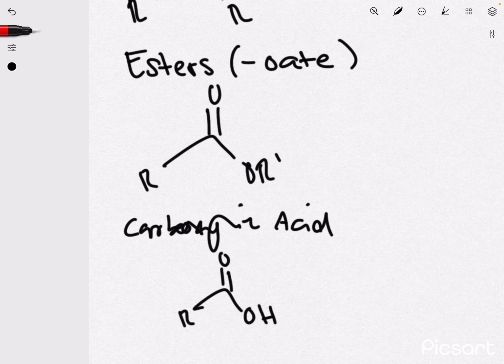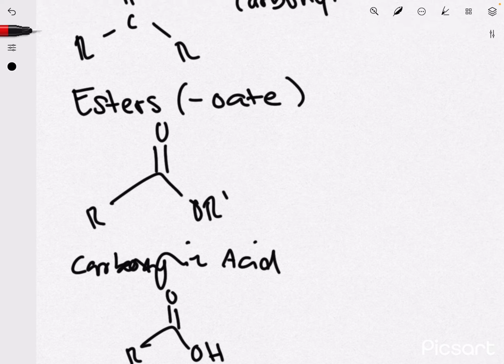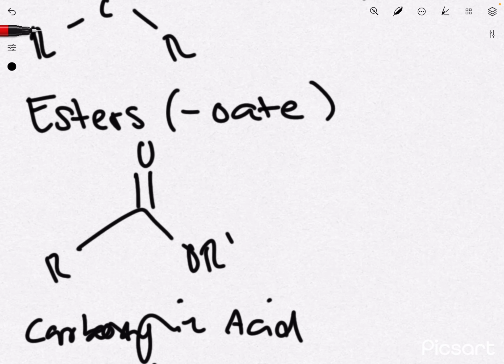When you have a carboxylic acid that reacts with an alcohol, creating a condensation reaction, you will get your esters. Now, esters, fun fact, are actually known for smelling quite nicely.